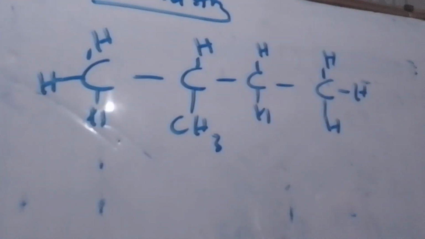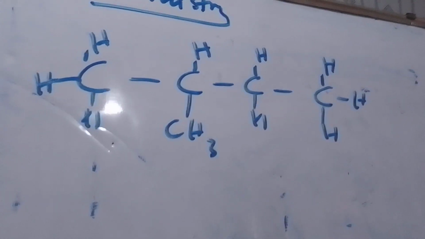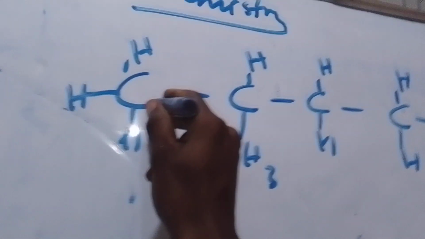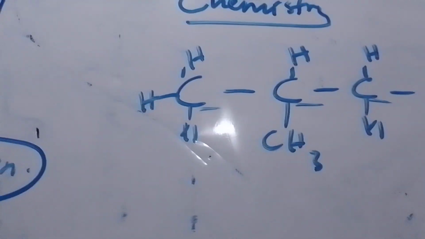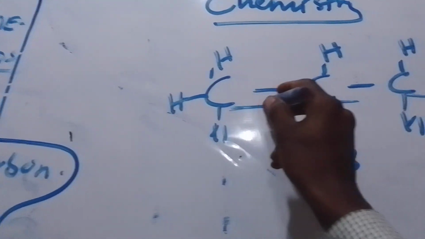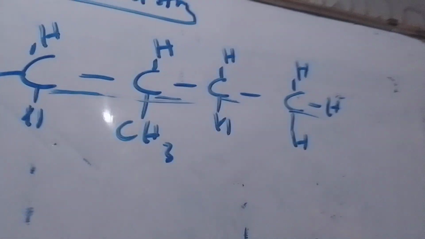If I have a compound like this, the longest continuous carbon chain is this. So the first thing is for you to select the longest continuous carbon chain, which is this.